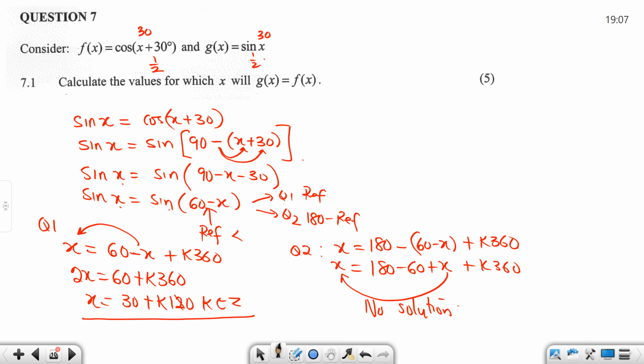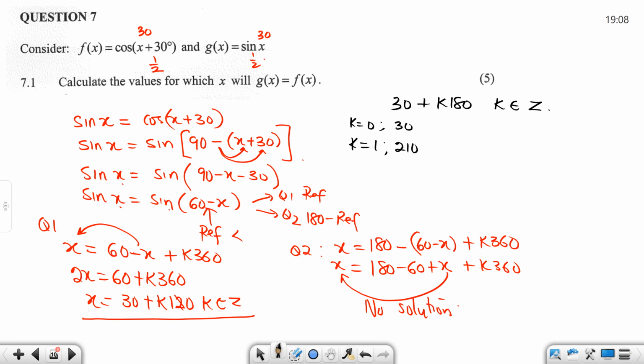We got 30 plus K times 180. Let me write it here. 30 plus K times 180. We said K is an element of integers. You start by saying when K equals 0, please substitute. What's your answer? 30. Make sense? Now, when K equals 1, 210.